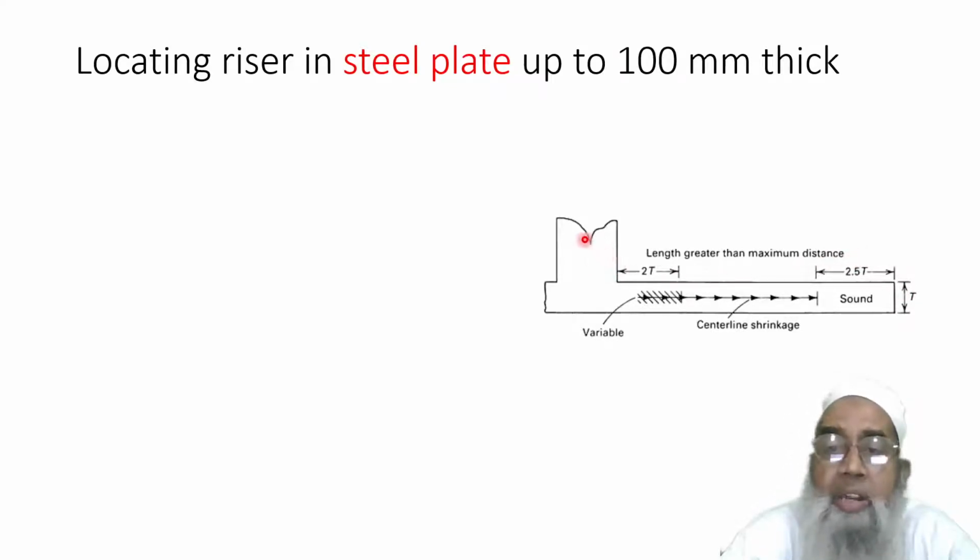While the riser feeds efficiently to a length up to 2T, where T is the thickness. Above this, it becomes a center line shrinkage.